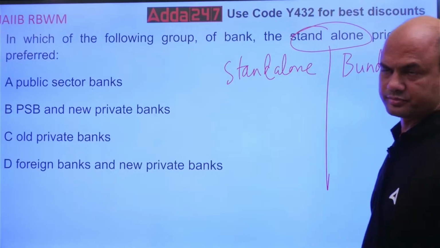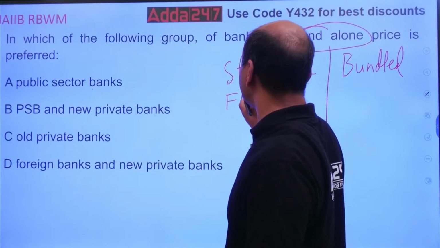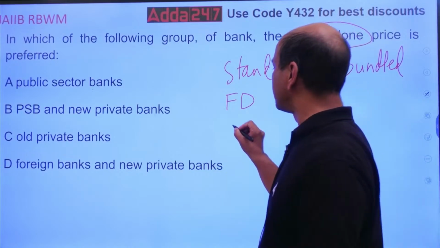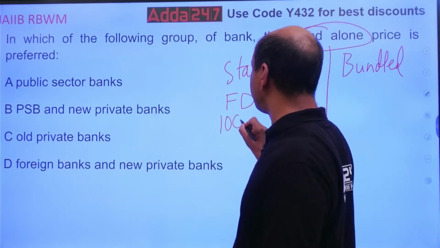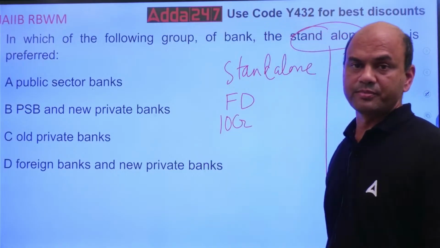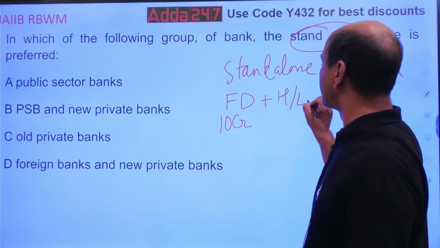Means what? Suppose I am having an FD with your bank, let's say 10 crores. I am having a 10 crore FD with you, such a big FD, and I come to you for a home loan.